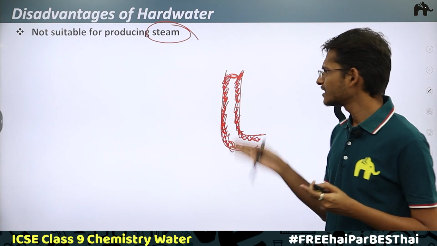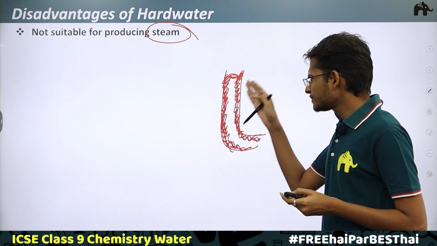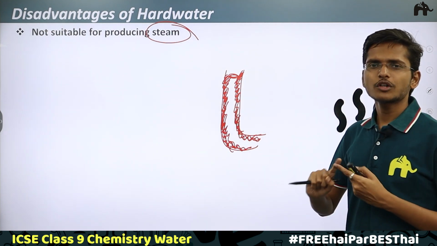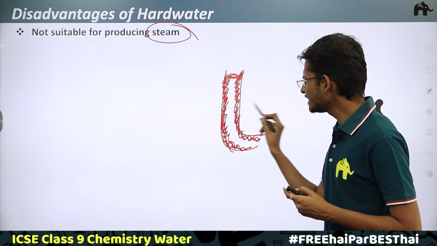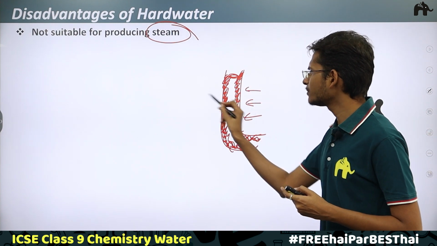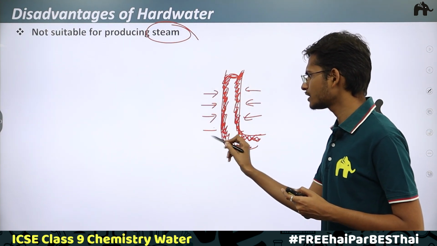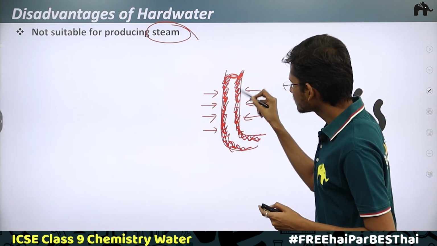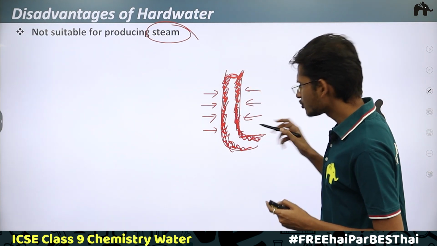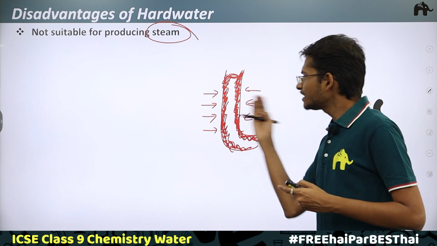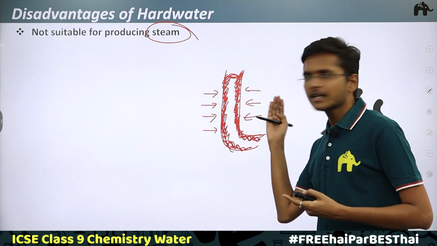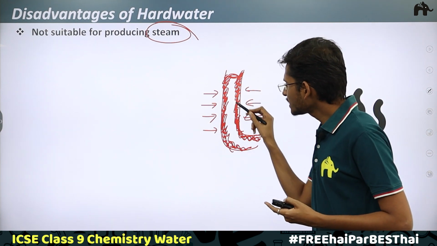And the third thing is, since these pipes are getting accumulated with these dissolved salts, what would happen is, we are heating it, right? We are heating to make the water convert into steam. But these salts would act as an insulation. Whatever heat we are giving, these salts are like bad conductors, so some of the heat is being trapped.